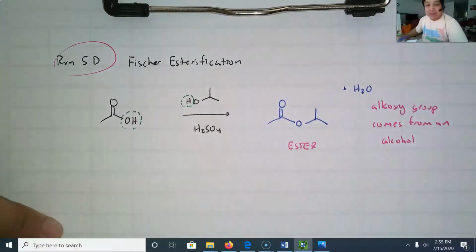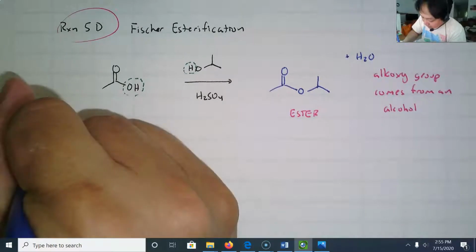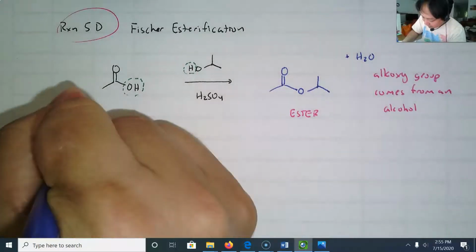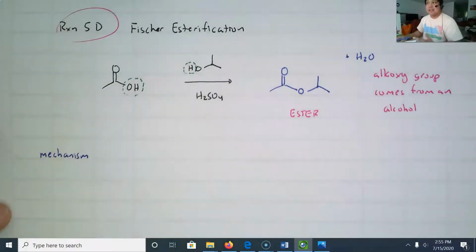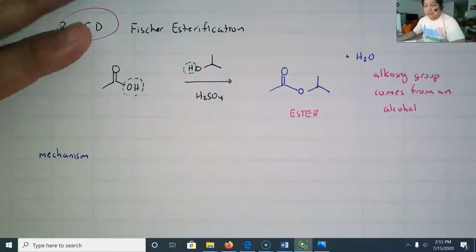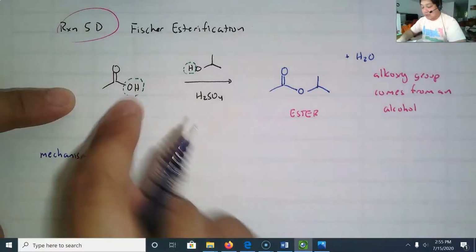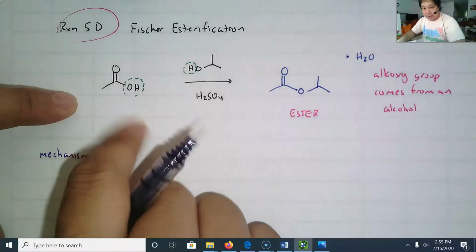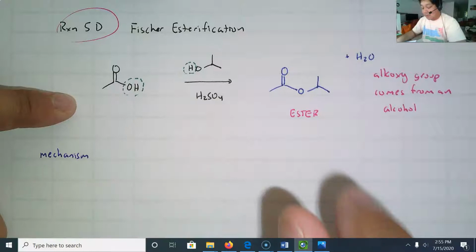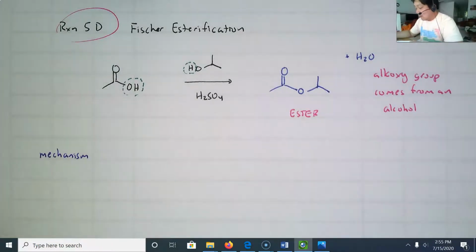Let us take a look at the mechanism. It is going to be lengthy. I don't know if it's going to be 7 steps like acetal formation, but it's lengthy because we need to get this to be a good leaving group and then kick it out and replace it with this. It's acid-catalyzed. Interesting.